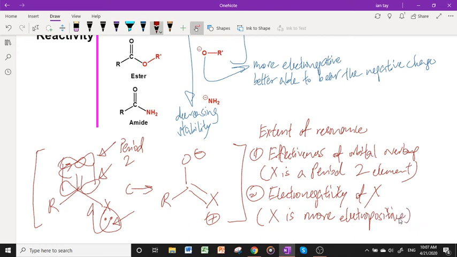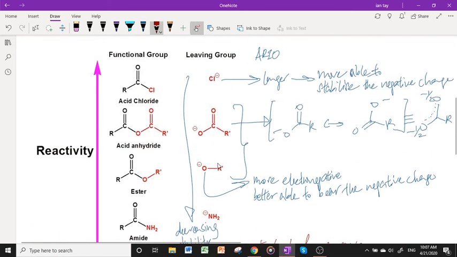So let us take a look at the extent of resonance. So you will agree that there is the least resonance for the acid chloride. Why? Because the orbital of the Cl atom is much more diffuse than the period 2 orbitals of the oxygen and carbon atoms.